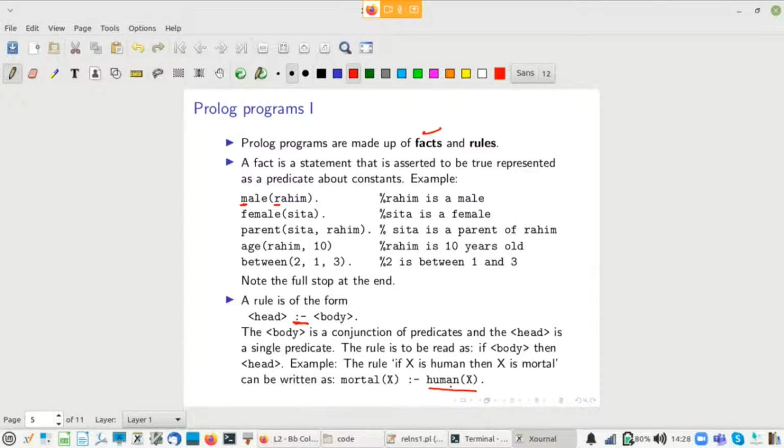It has to be read from right to left. The condition is on the right, and the head is a single predicate, mortal, asserting something about the arguments. Here we have a very simple rule. We'll see more complex rules as we go along.